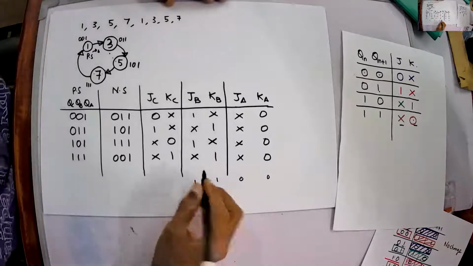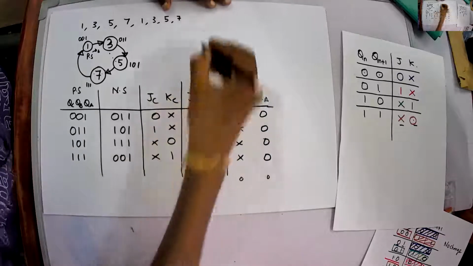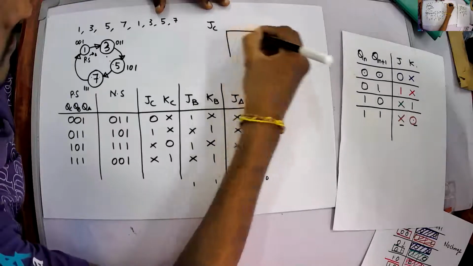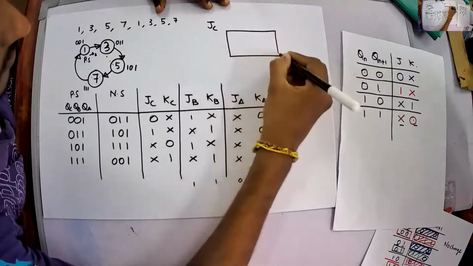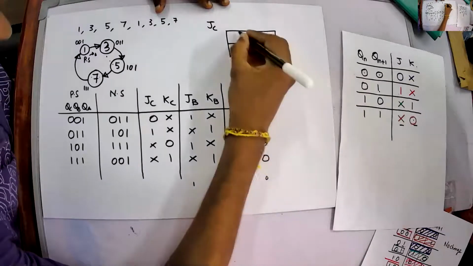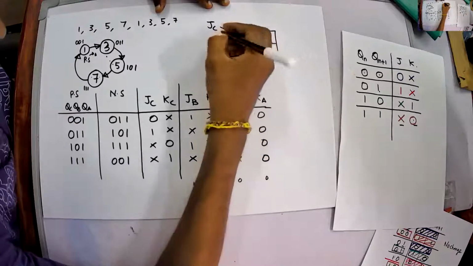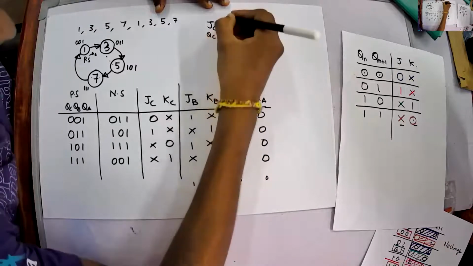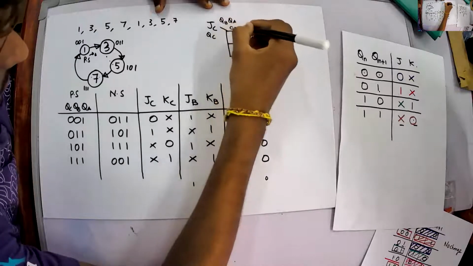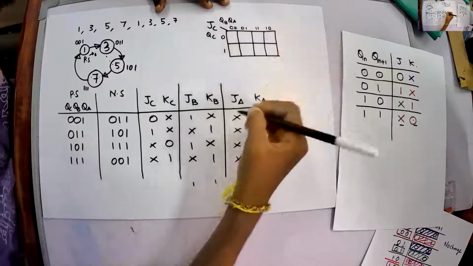So let me draw the K-map for this one and this one only, for JC. This is QC, QB, QA. 0 0 0 1 1 1 1 0 0 and 1.